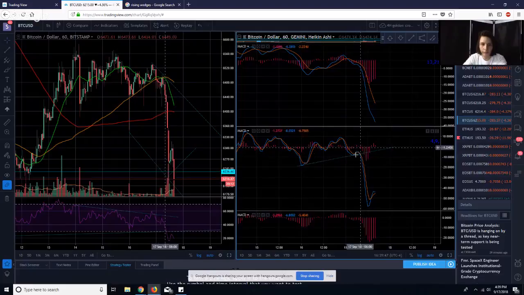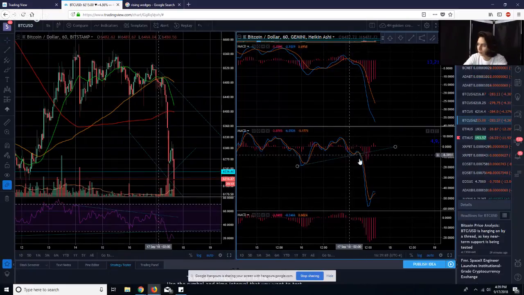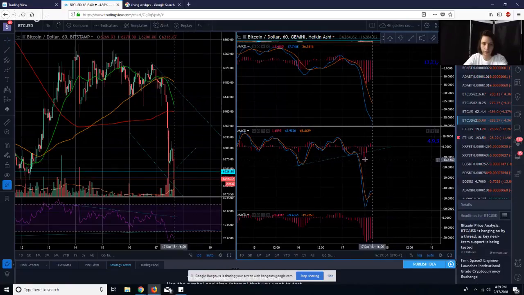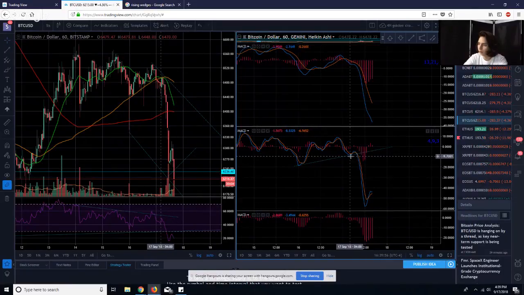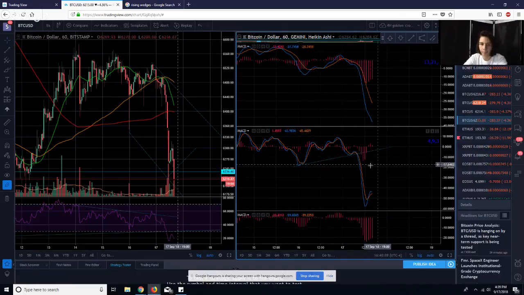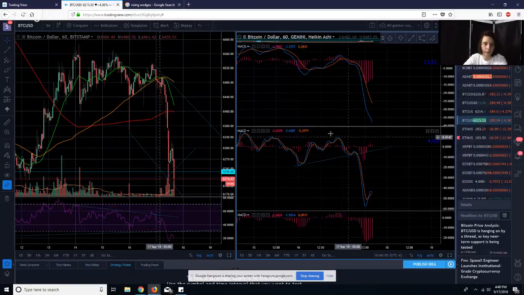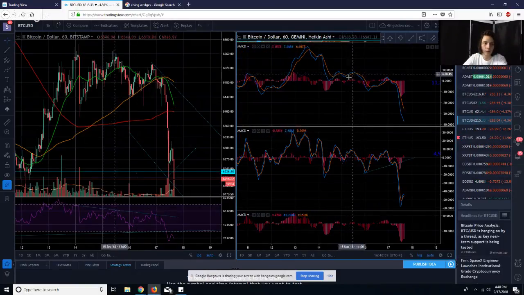So if you're talking about this cross right here, this isn't a good signal because, like I said, this is only to find trends. Also, when there's a MACD cross under the zero line and it's going up, it's not the best buy signal. You want a buy signal like this, where we get a cross on the upside.